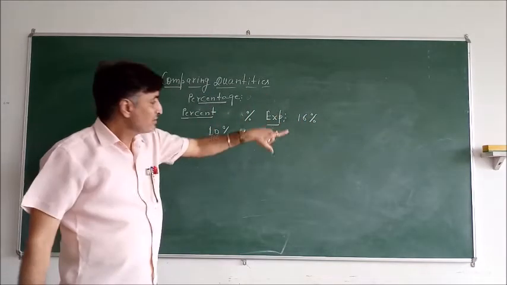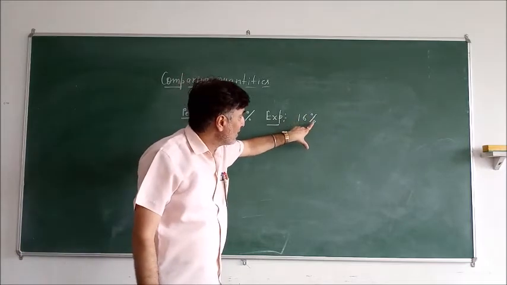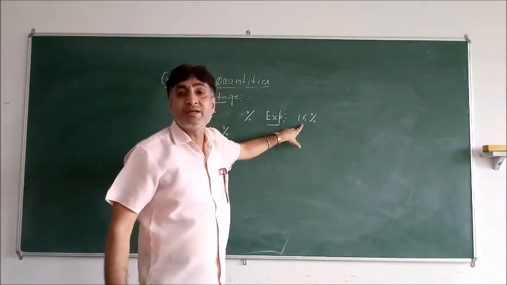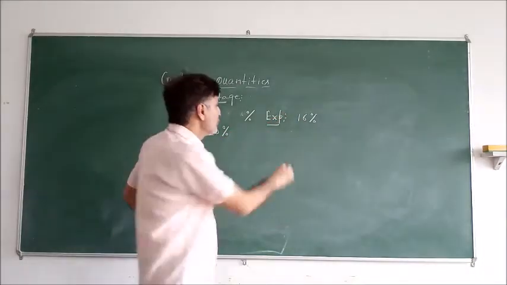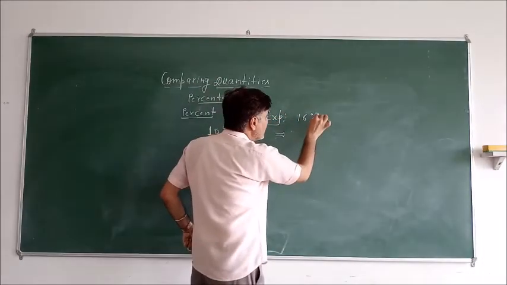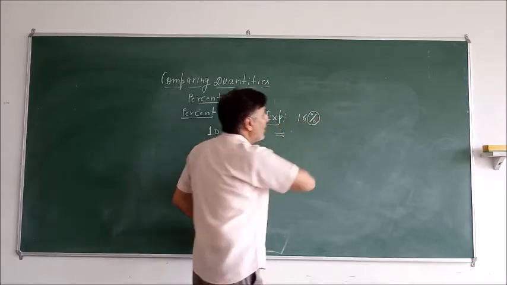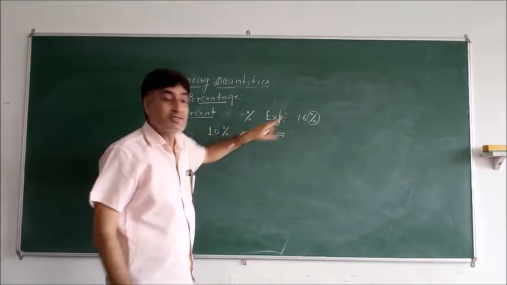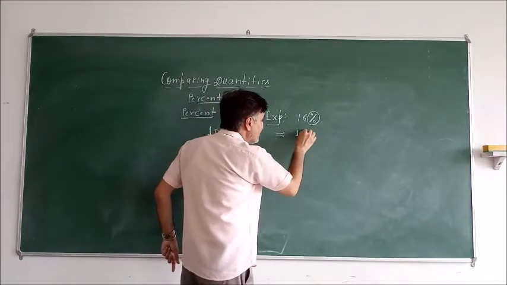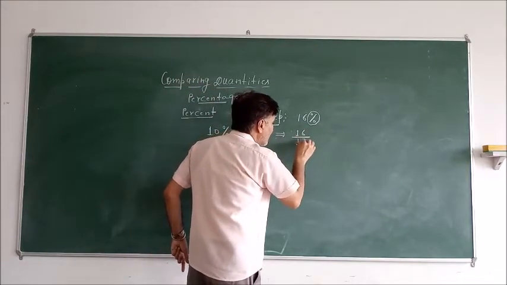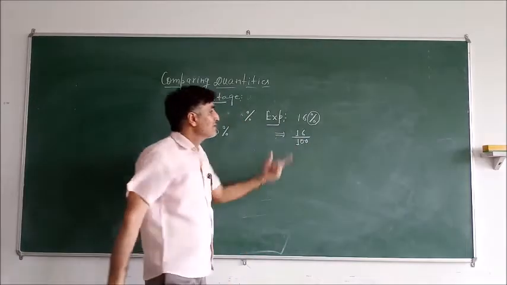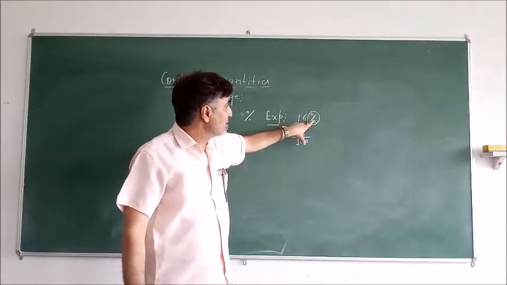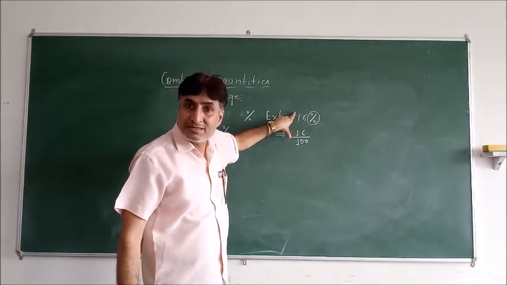It means 16 out of every 100, and we want to write this number in fractional form. So remove the symbol of percentage and put 100 in the denominator of 16, and it becomes 16 upon 100. That is the fractional form of 16%.